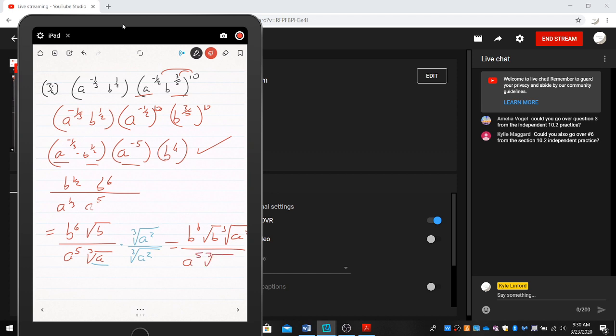We had one a before, now we added 2 to it, so that's a cubed. So when we have our fully simplified answer, we have b to the 6, the square root of b, the cube root of a squared, and then the bottom, we said that's just an a, so a times a to the 5th is a to the 6th power.